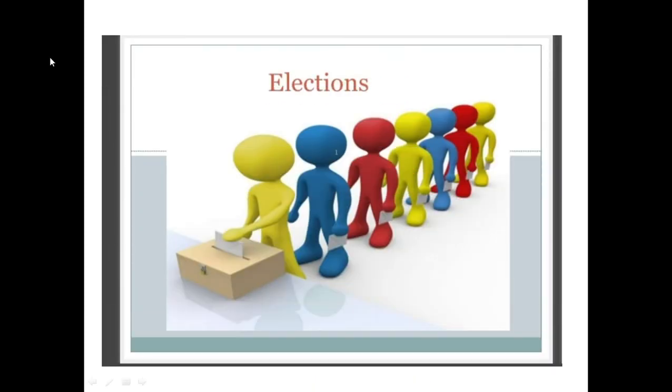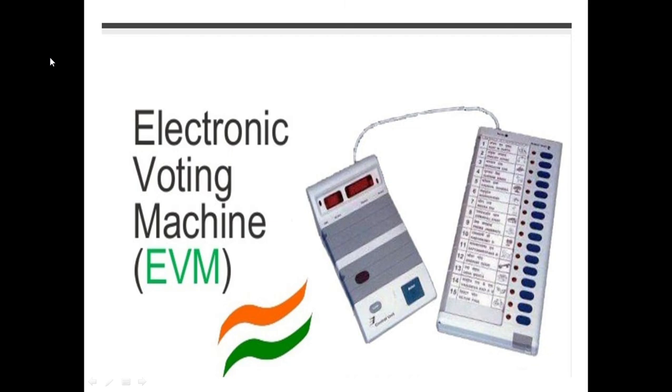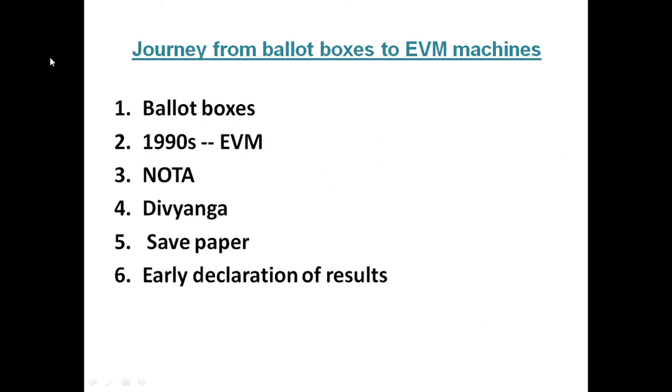Now let us see, during elections, our journey from the ballot boxes to the EVM machines. We started with elections using the ballot boxes, and now we use the EVMs or the electronic voting machines. Let us see our journey from ballot boxes to EVM machines.